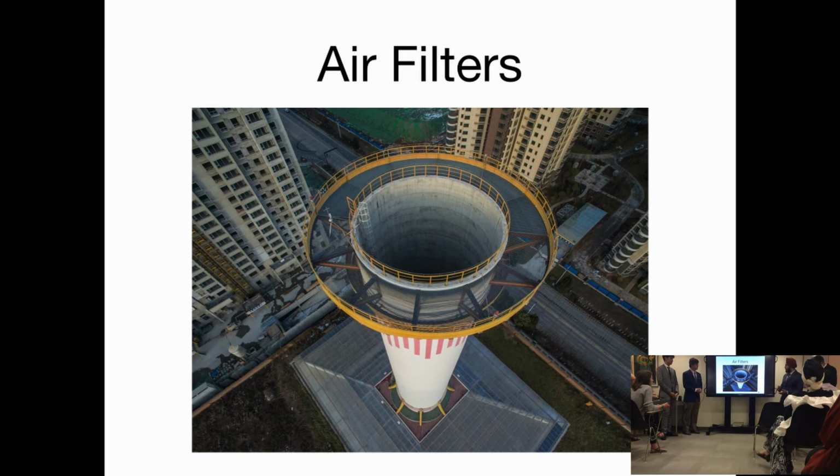These are about 100-meter tall air filters that can clean up the air up to a 10 kilometer radius, and these air filters produce about 10 tons of cubic meters of clean air each day.